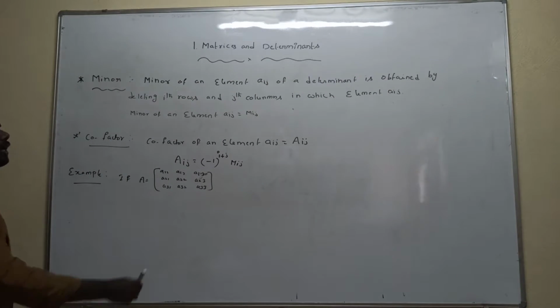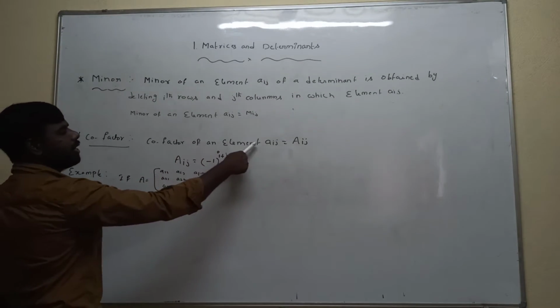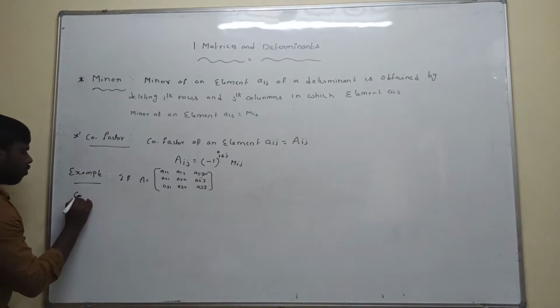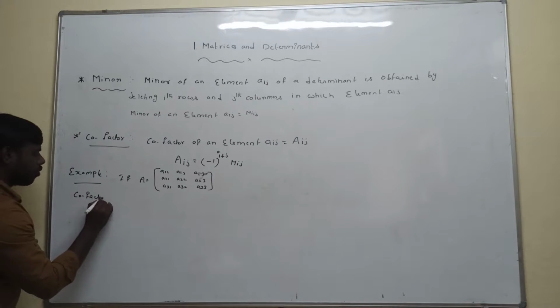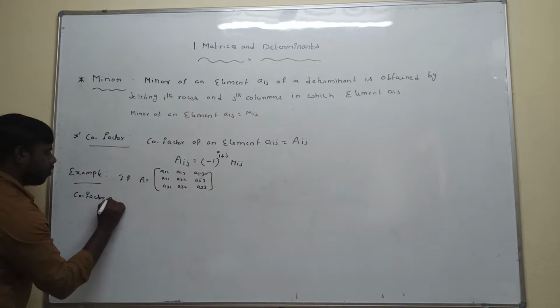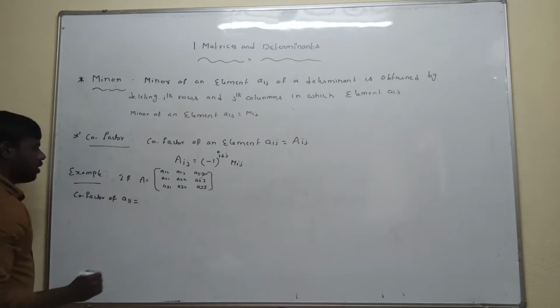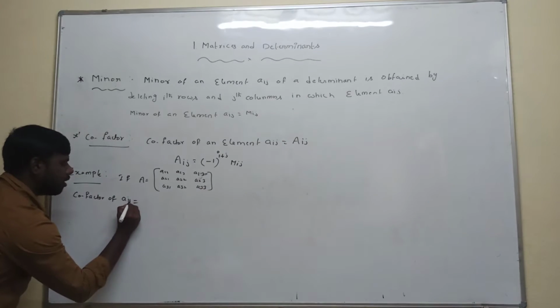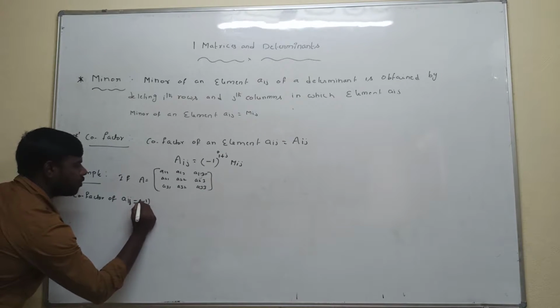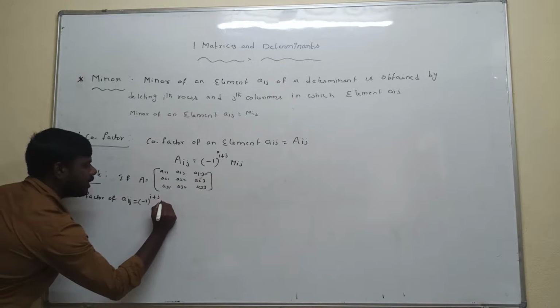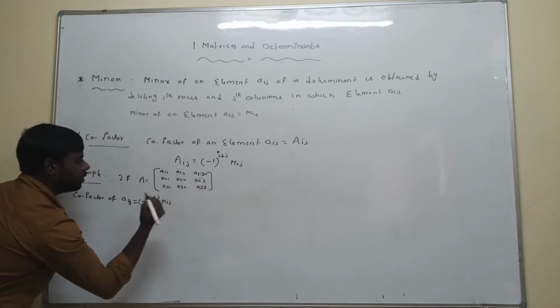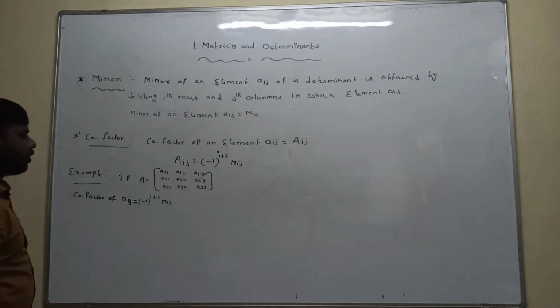First we need to calculate the cofactor of an element Aij, that is, cofactor of A11. The cofactor formula is -1 whole to the power of i plus j into Mij. Each and every element we need to calculate here, students.